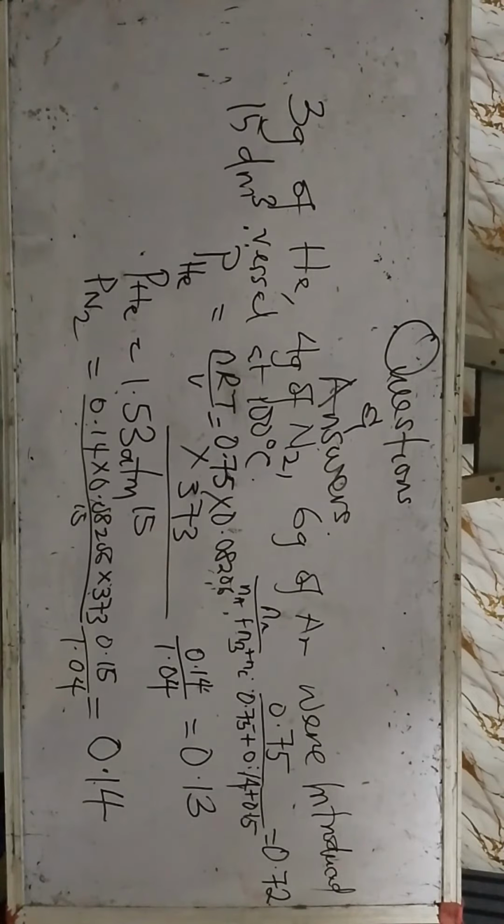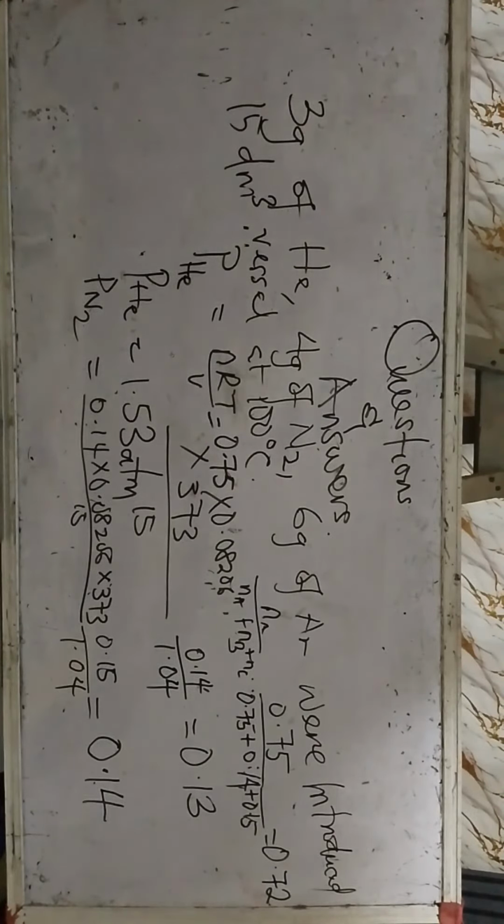Argon. Okay, someone has calculated that of argon to be 0.31, and that of nitrogen is what? Are we sure it's 0.29? Yes, 0.29.